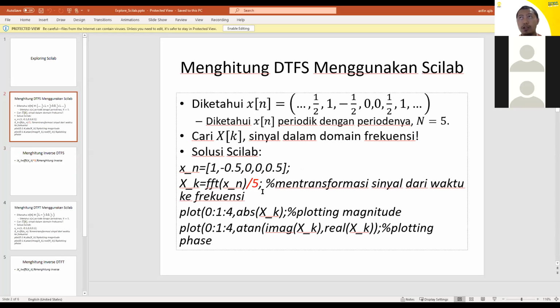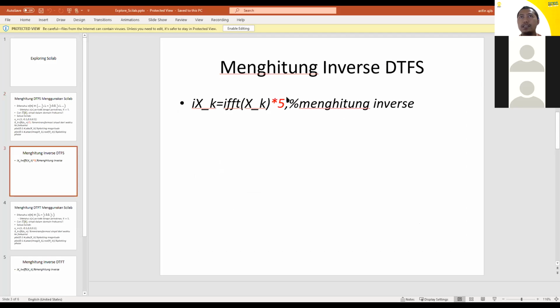That's based on the formula, right? We should have divided by the periodicity. And that's why when we inverse, we should multiply by its periodicity. It's very simple.